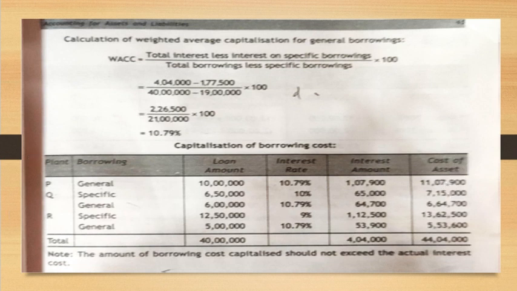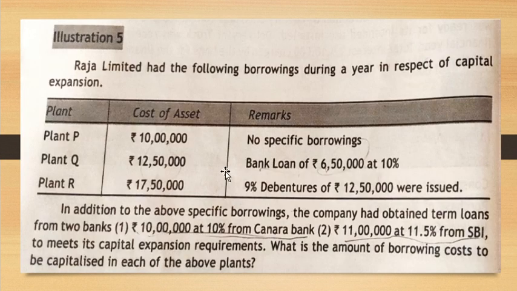11,07,900. Then for Q you have specific as well as general borrowing. The specific loan you have taken is 6,50,000 at 10%. And as the 6,50,000 is not enough to acquire this asset, an 11 lakh loan is taken.